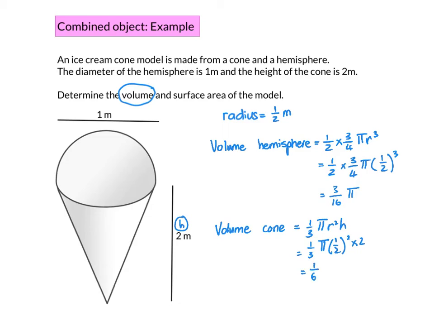And so then I can work that out either on the calculator or in my head, and I get 1/6 pi. So my total volume, I just add my two volumes together for my hemisphere and my cone, 3/16 plus 1/6. And if I wanted to leave that in a format with pi, it would be 17/48 pi, or to 2 decimal places, 1.11, and I need to put the unit, which is meters cubed.